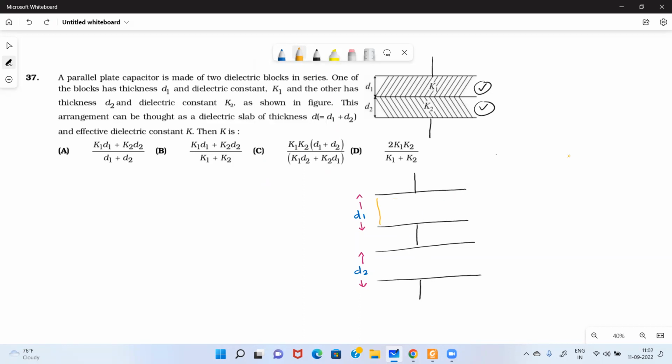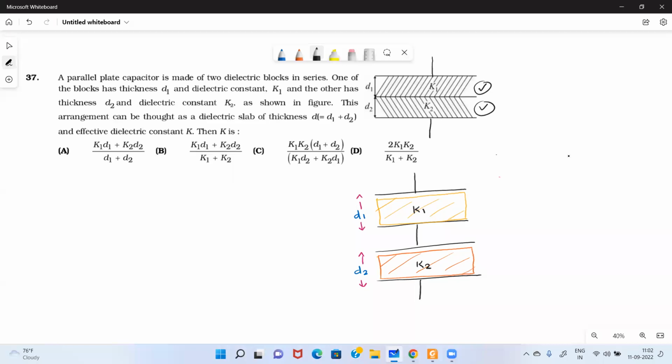And we have a dielectric here filling this space. What is the dielectric constant? K1. And there is a different dielectric here. What is this dielectric?